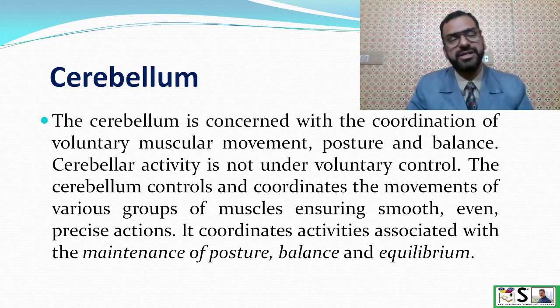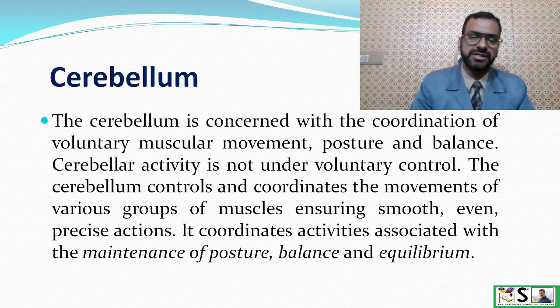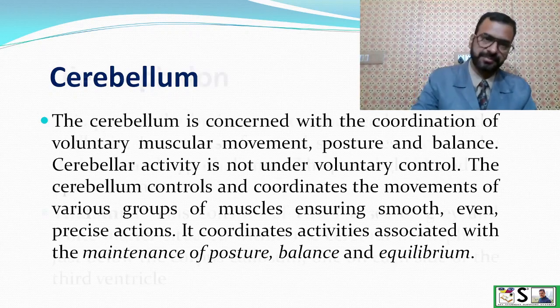The cerebellar activities are not under voluntary control. The cerebellum controls and coordinates the movement of various groups of muscles, ensuring smooth, even precise action. It coordinates activities associated with the maintenance of posture, balance, and equilibrium.